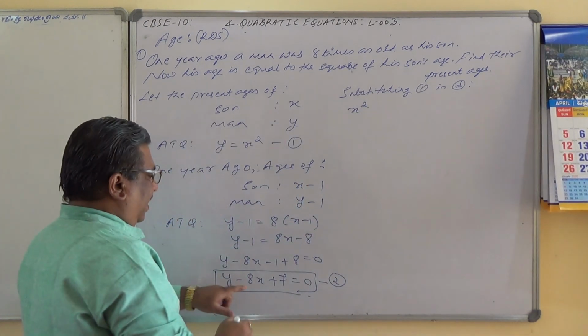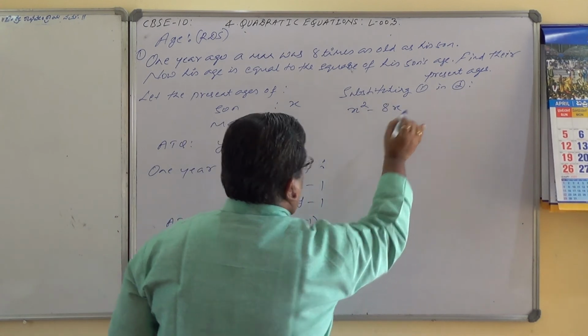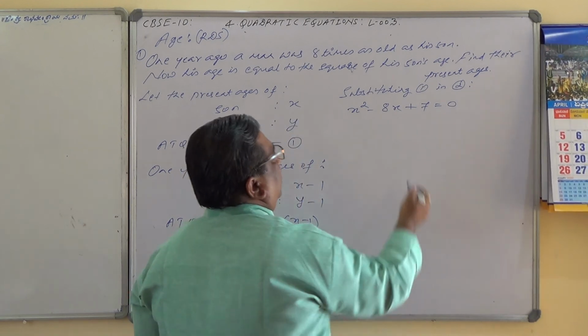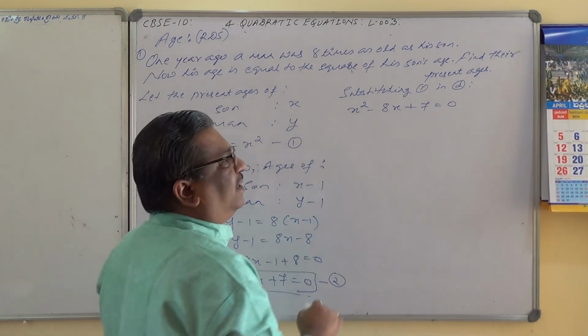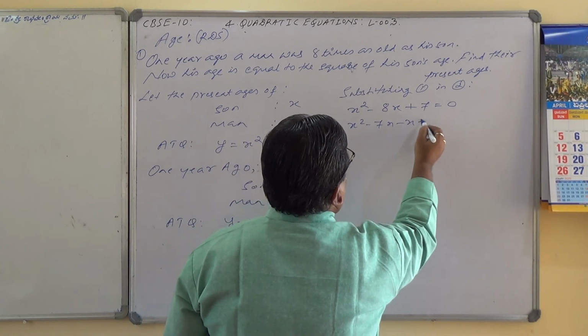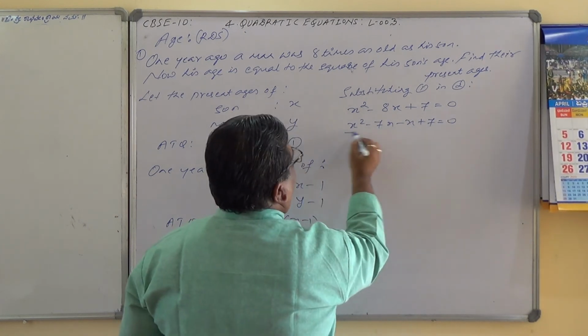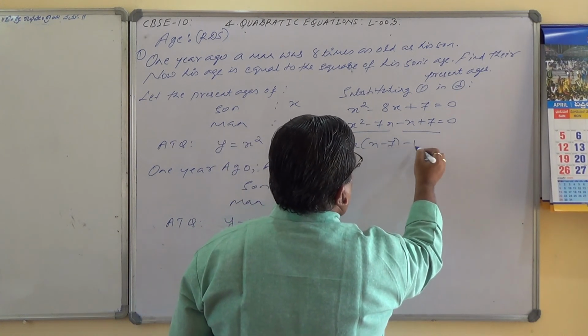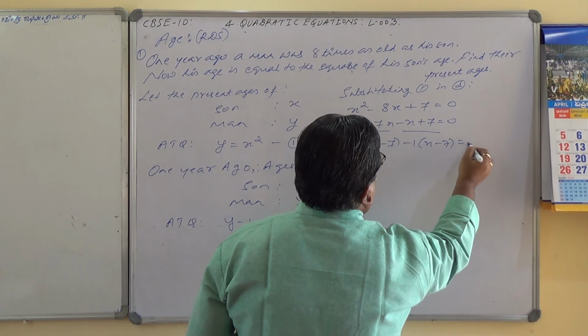X square minus 8x plus 7 equals 0. So 7 ones are 7, minus 7 into minus 1. X square minus 7x minus x plus 7 equals 0. Here take common, x minus 7, minus 1 you take common, x minus 7 equals 0.